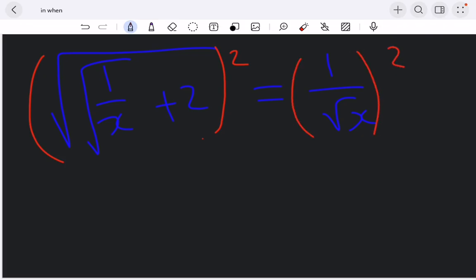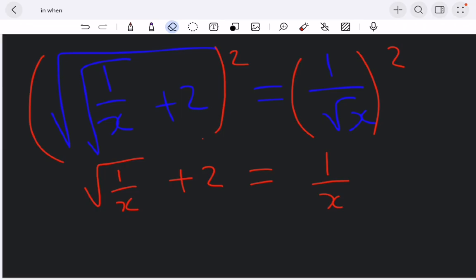Remember, we're going to get 1 over x plus 2 is equal to 1 over x squared, right? And then it's not going to be equal to x squared, it's just going to be equal to x, because squaring the radical will give us x. It just removes the radicals.